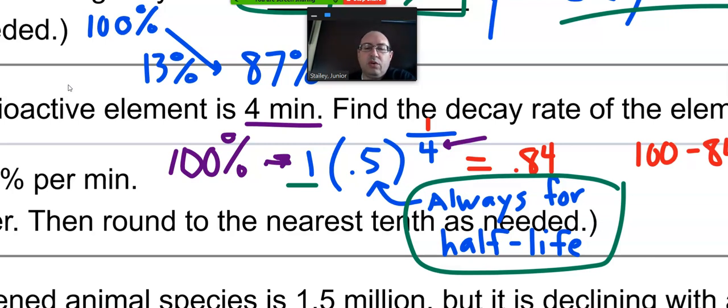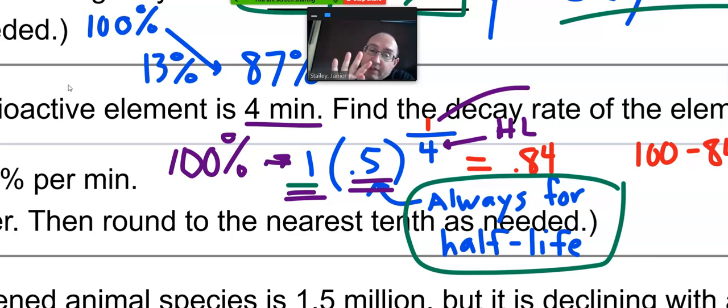Now, so starting with 100%, we got a 0.5 for the decay rate. We know that the half-life is 4, and they're asking me how much remains in 1 minute. How much are we losing every single minute?